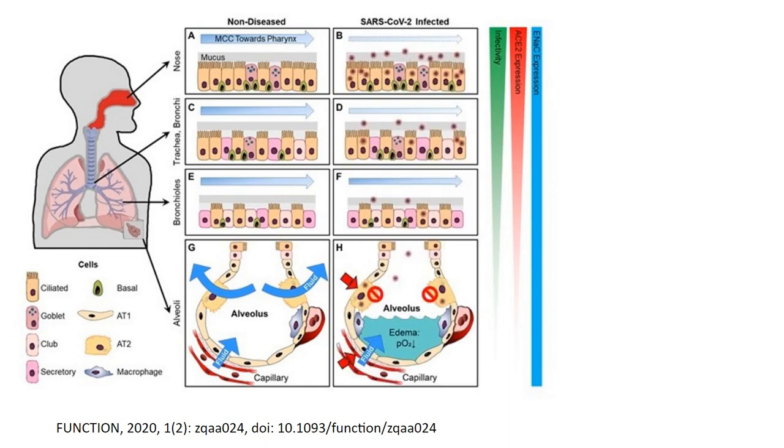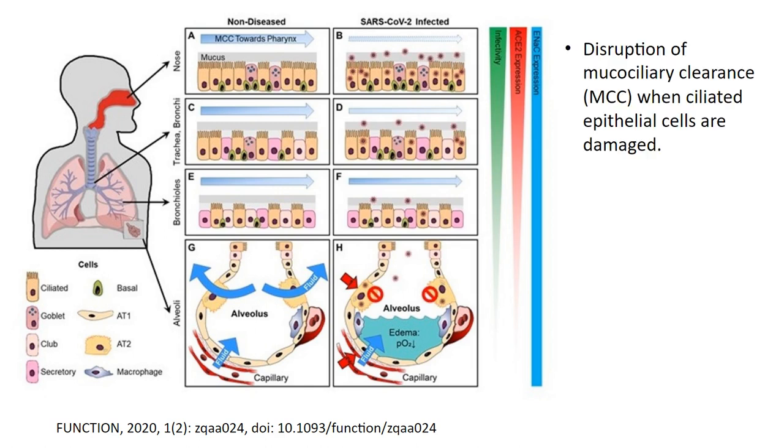In COVID, what we see is that the mucociliary escalator gets disrupted because the ciliated epithelial cells have ACE2 receptors and they're invaded and damaged, as well as the goblet cells that can no longer produce mucus. This means now then that the viral particles are getting lower and lower and farther into the respiratory tract.